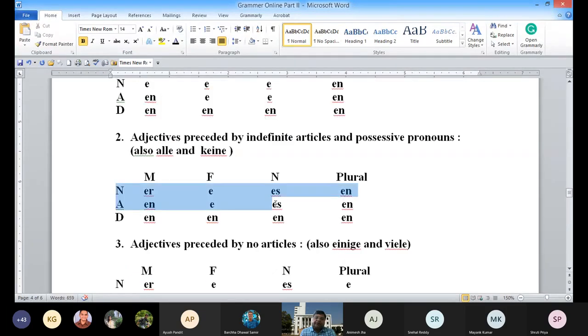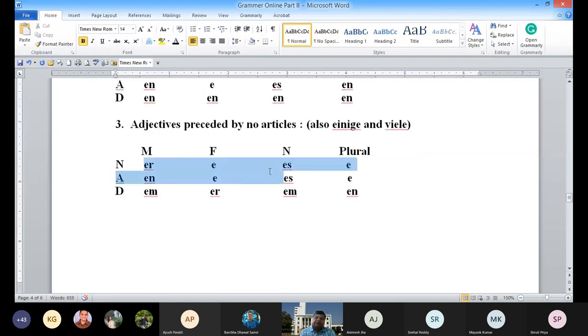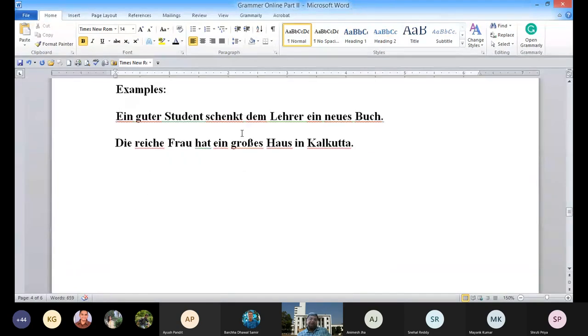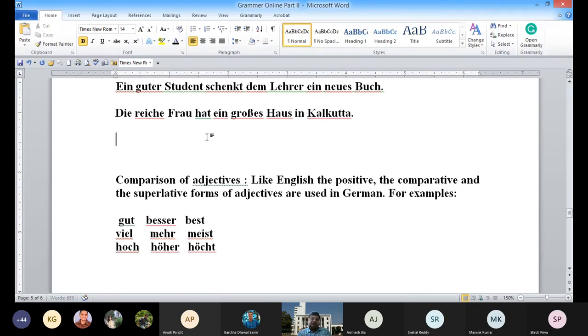In the second group also, in the majority of cases EN, only sometimes E or ES. And the third group is absolutely simple, because you just follow the definite article pattern: der, die, das, den, die, das, dem, der, dem. Similar endings. If you remember these three things and are a little cautious, there won't be mistakes. But you have to practice. If you are not practicing, then nobody can help.